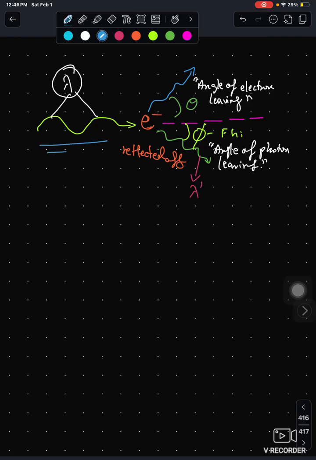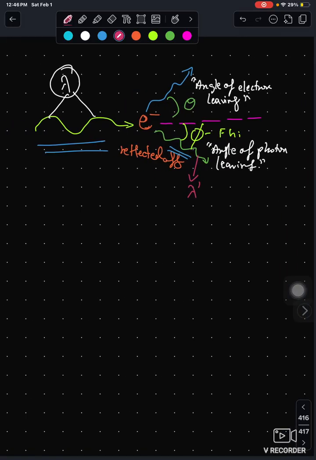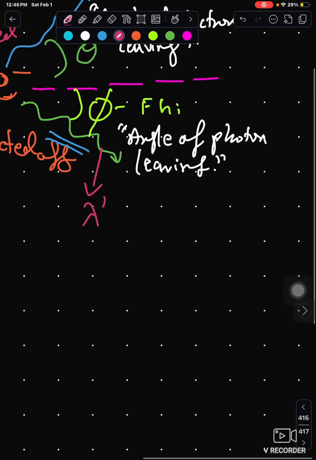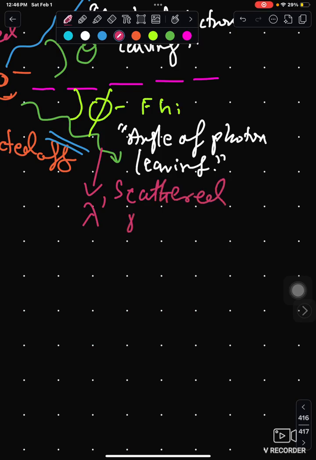This photon is the same as this photon. The difference is only that this is the unscattered photon, and this one is the scattered photon.